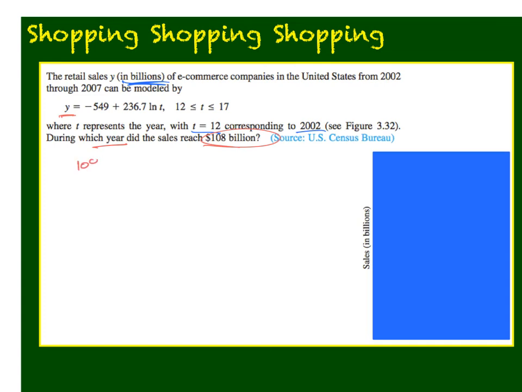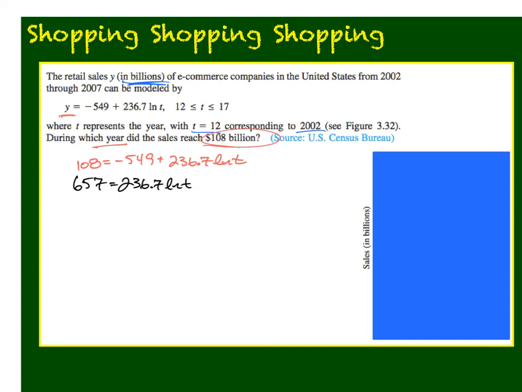Now I have 108 is equal to negative 549 plus 236.7 natural log T. What's my first step to solve for T? I add 549, and what do I get? 657 is equal to 236.7 natural log of T.